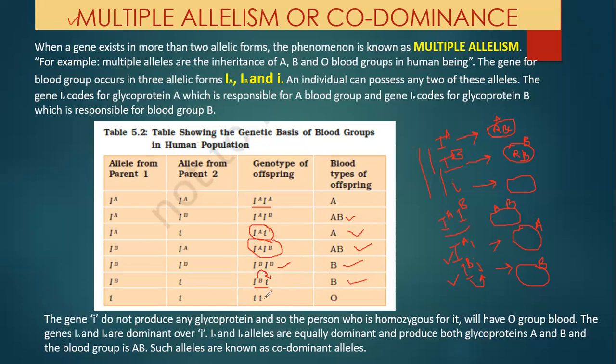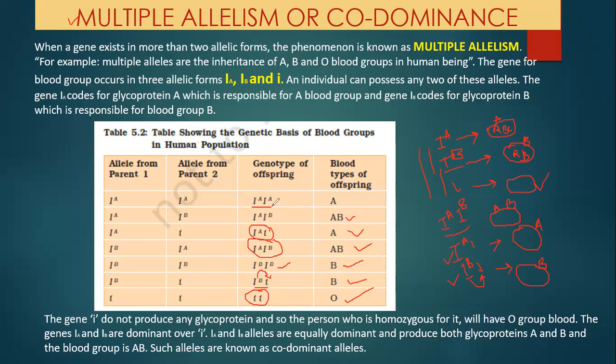Here you have small i and small i, both recessive traits present together. In this case, none of the glycoproteins will be expressed on the surface of red blood cells, and therefore the blood group is O. Now, where is codominance?